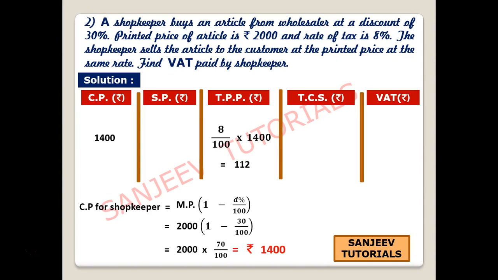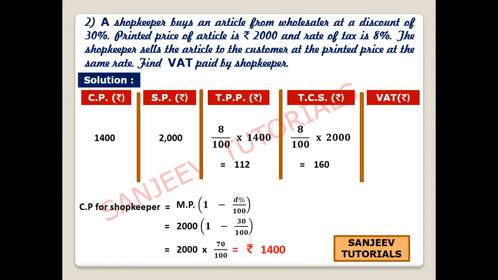Now the shopkeeper sells the same article for rupees 2000. So selling price is rupees 2000. While selling the article, again he is going to collect a tax, that is 8% of 2000, that will be rupees 160.